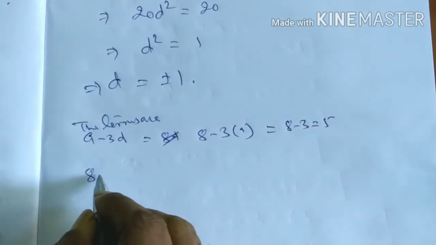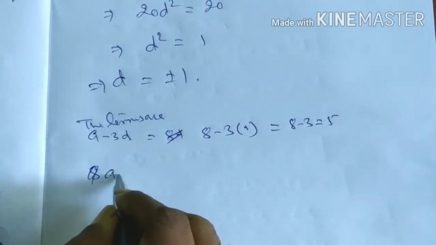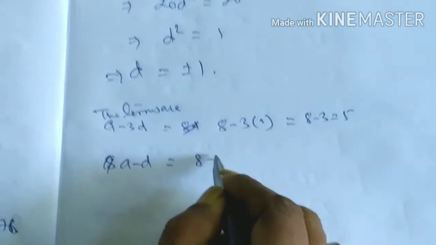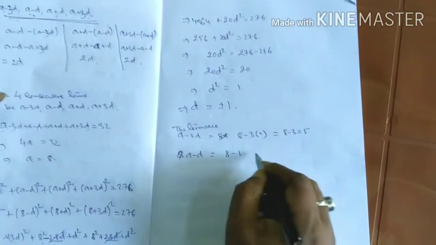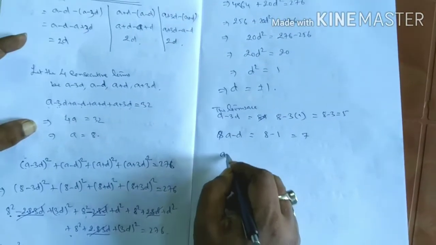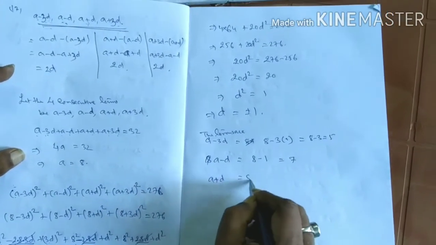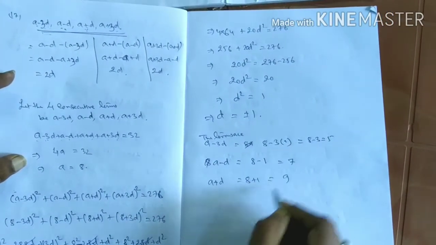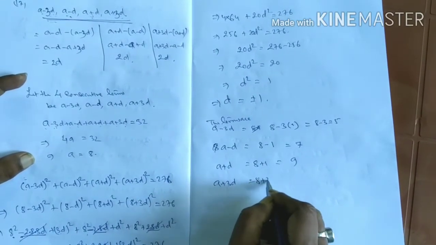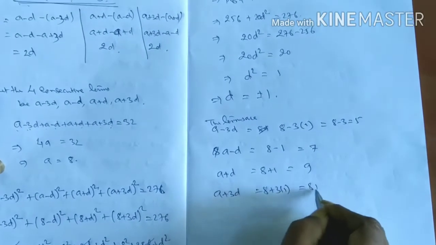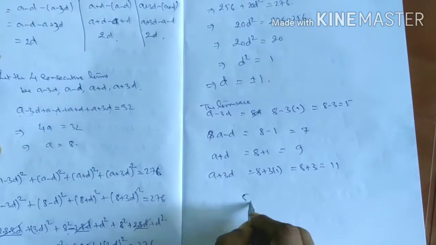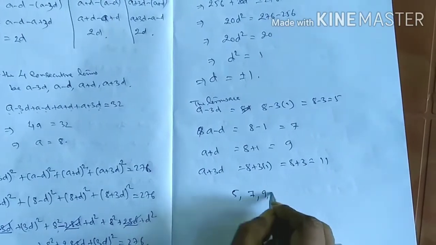Again a minus d, that is 8 minus 1, 7. Again a plus d, that is 8 plus 1, which comes to be 9. Again a plus 3d, that is 8 plus 3 into 1, that is 8 plus 3, which comes to be 11. So the terms are 5, 7, 9, 11.